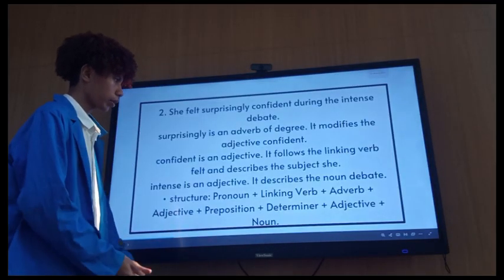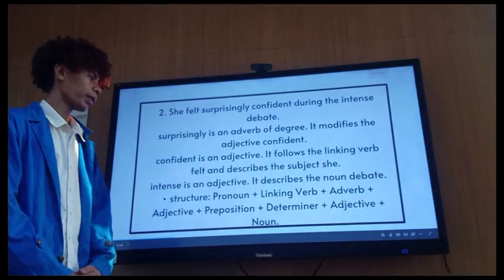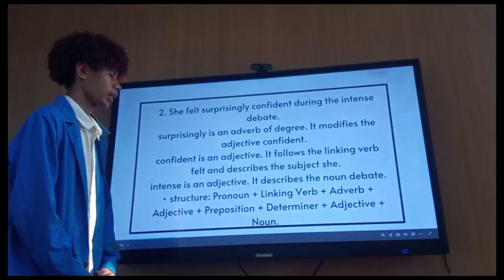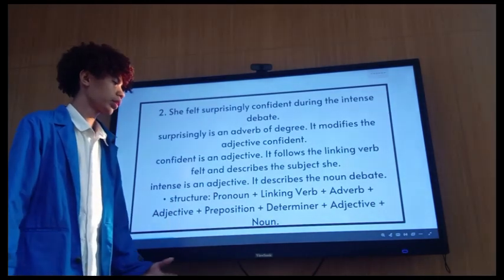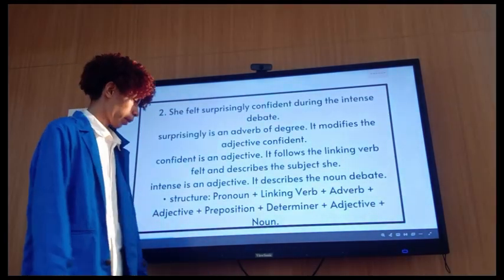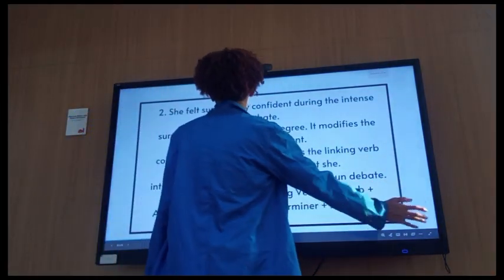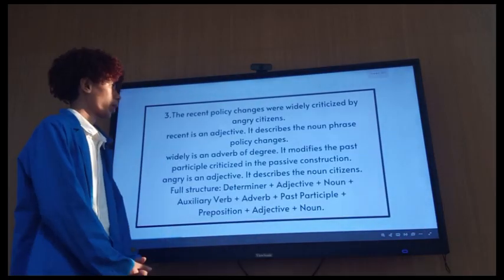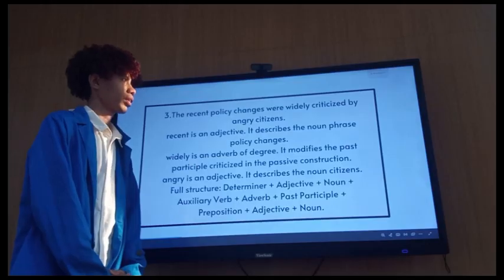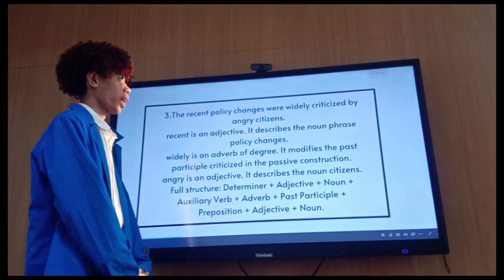It describes the noun debate. Structure: pronoun plus linking verb plus adverb plus adjective plus preposition plus determiner plus adjective plus noun. Next, example 3.